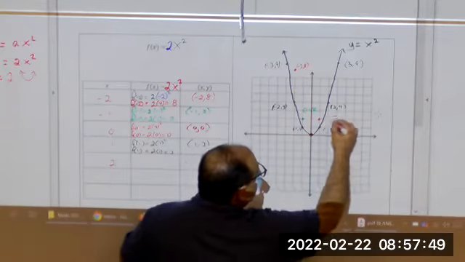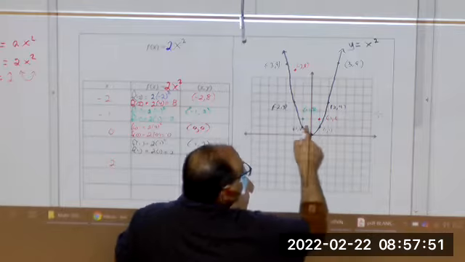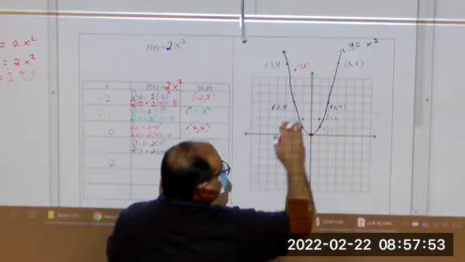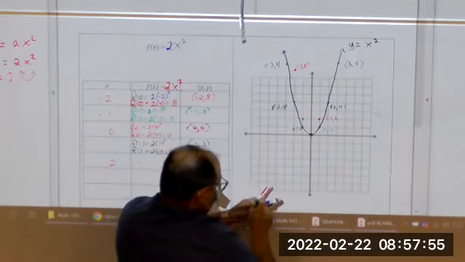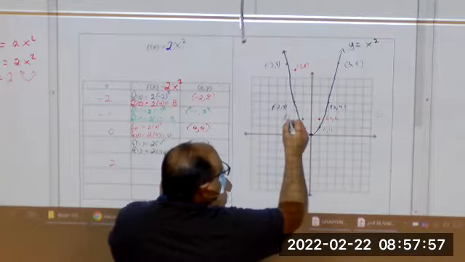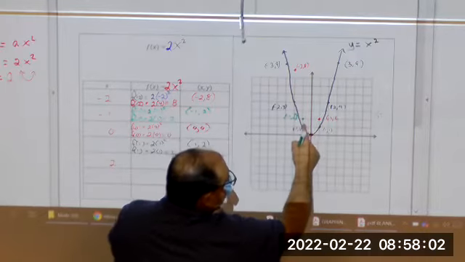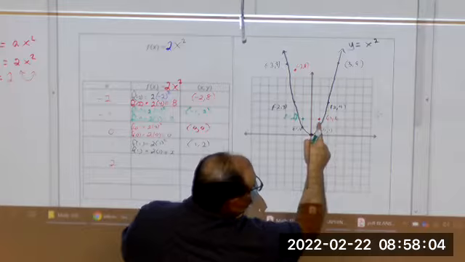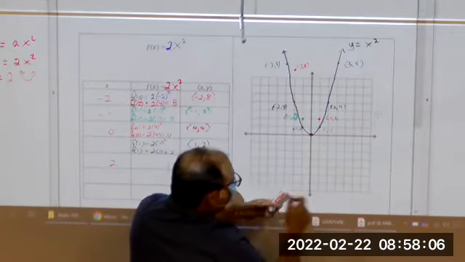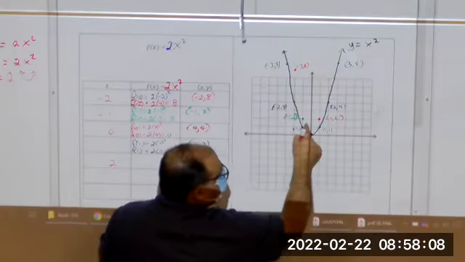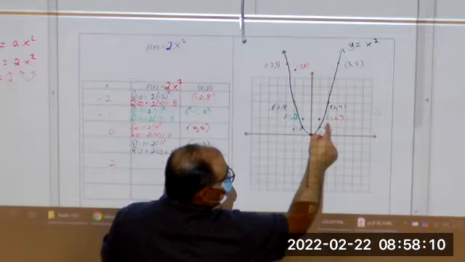So right here, at 1, 2. At -1, we were at +2. And then to the other side of the y-axis, we're at 1, +2. That's the symmetry I'm talking about.